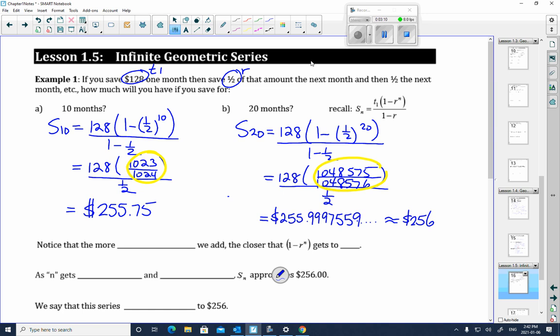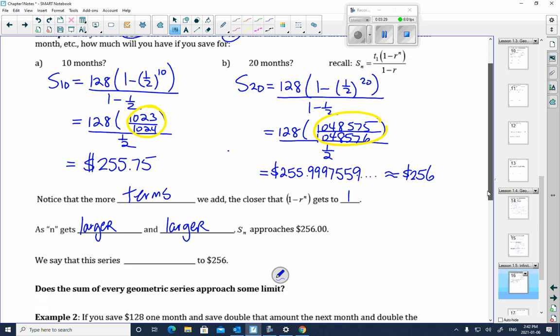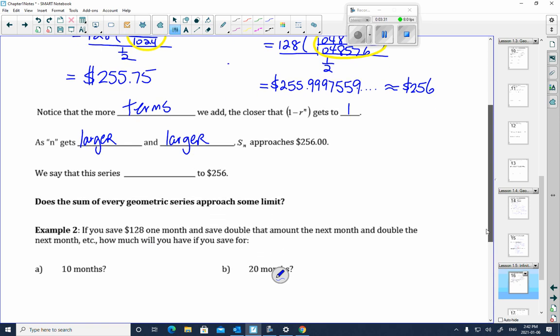So notice that the more terms we add, the closer that 1 minus r to the power n gets to 1, as n gets larger and larger. Sn approaches $256.